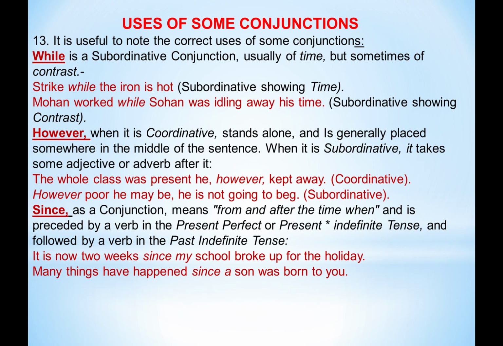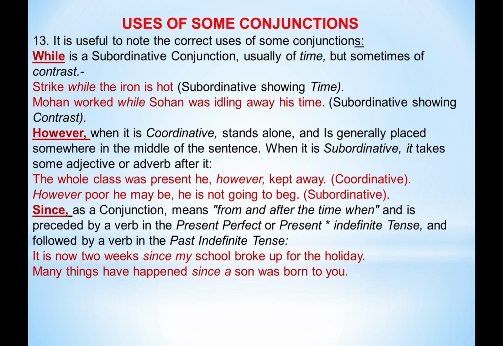Use of some conjunctions. Again, it is useful to note the correct use of some conjunctions. While is a subordinating conjunction that usually refers to time, but sometimes contrast also. Strike while the iron is hot. Subordinate clause showing time: Mohan worked while Sohan was idling. Two works are compared.